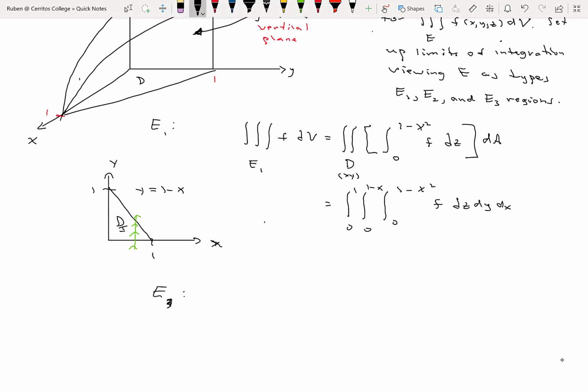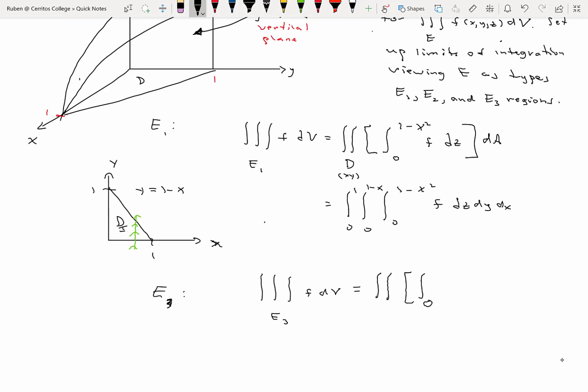Let's pull this together. If we interpret this as a type 3 region, the integral of f dv then becomes the double integral of the single integral. Now it's type 3, so the surface on the left is y equals 0.